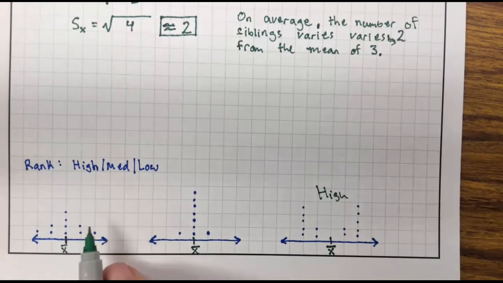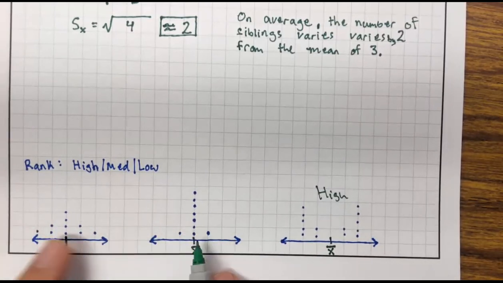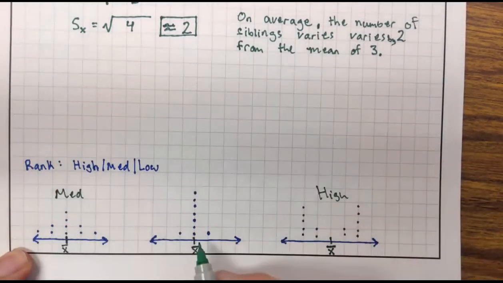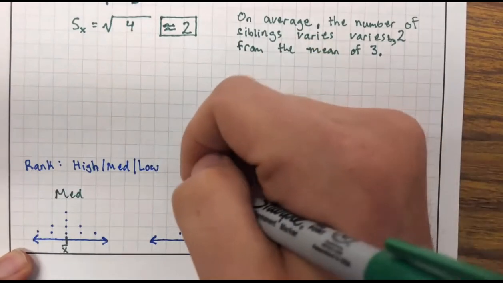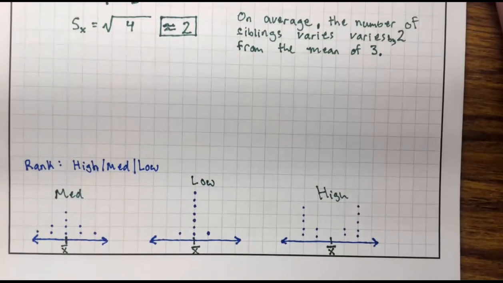The next highest would be this one. It has more deviations, it's a little bit more spread out than this data set. They each have values directly on their mean, but this one is just a tad bit more spread out. So this one would have a medium standard deviation, and this one would be the lowest.